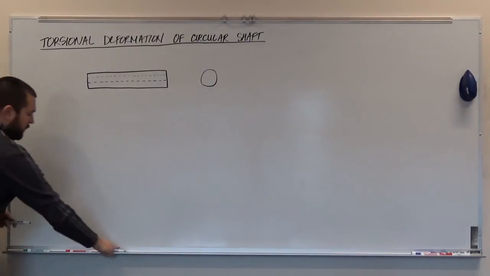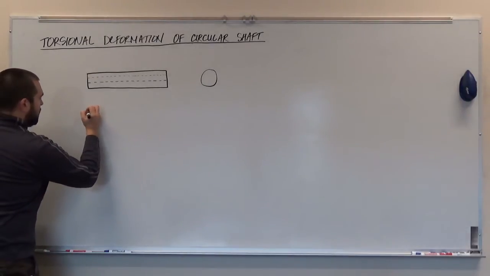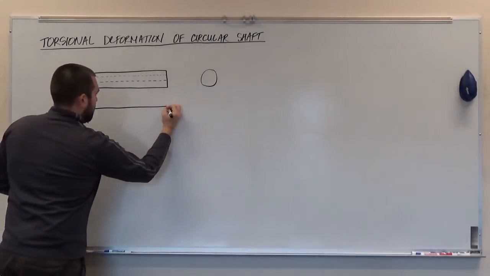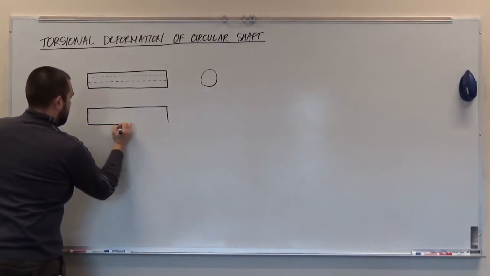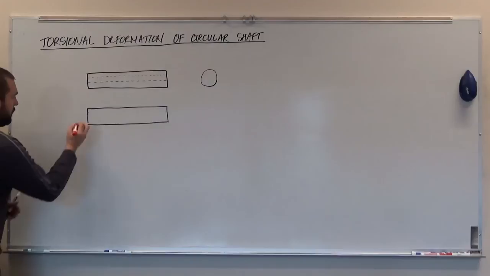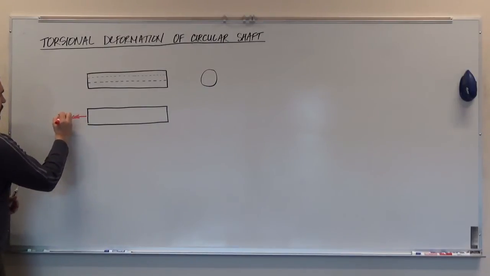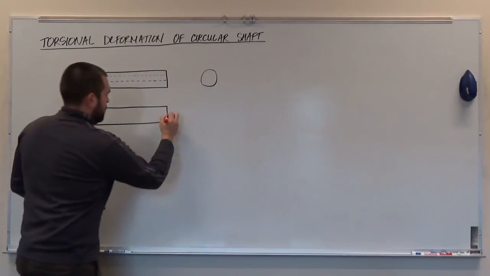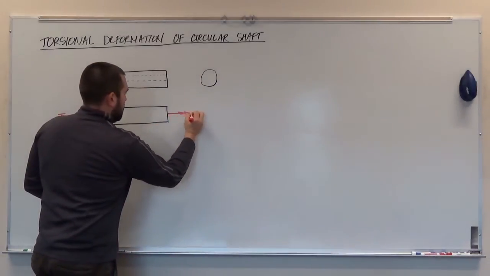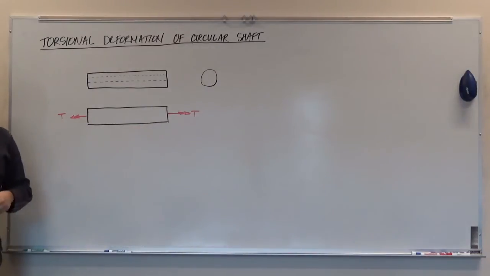So when we take the same shaft and we apply a torque to it, I'm going to show the torques here with two-headed vectors. So we're applying a torque to one end, say we have a support on the other end. So we have a constant torque throughout.